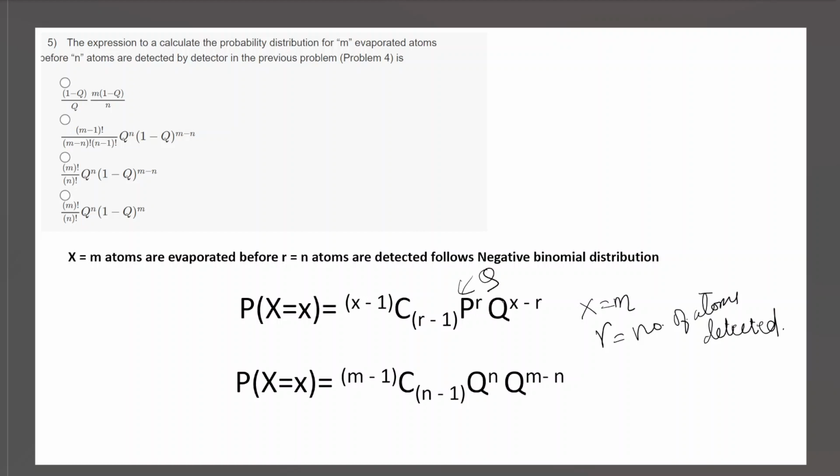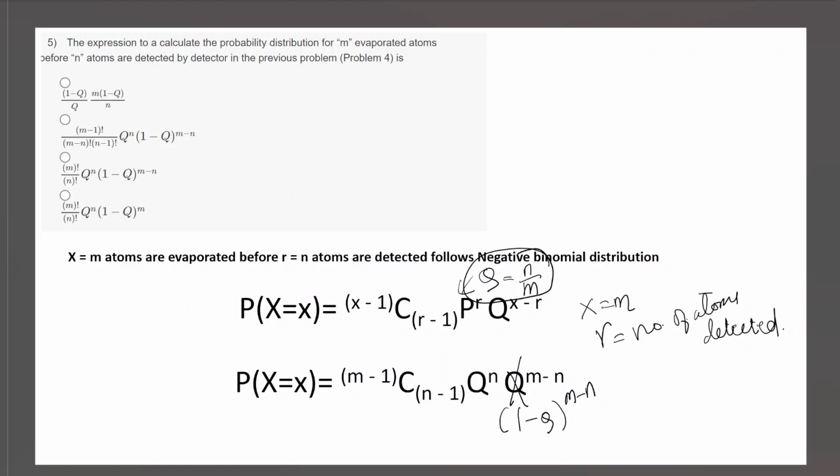So don't mistake this q and this Q. The Q is represented by the efficiency, which is nothing but the probability. It's given by N by M. So let's use Q in the case of P. So it's Q to the power N and (1 minus Q) to the power M minus N.